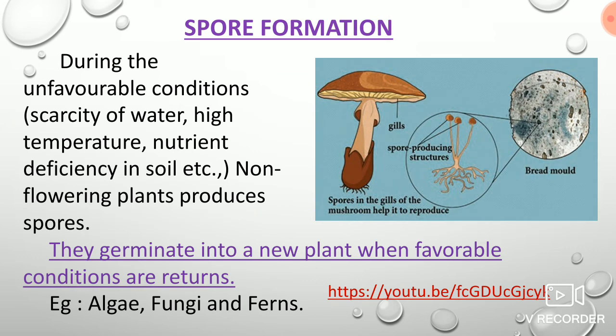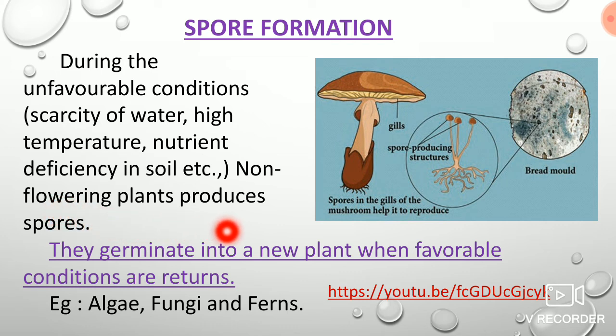And the last type of asexual reproduction is spore formation. How are spores formed? During unfavorable conditions such as scarcity of water, high temperature, nutrient deficiency in soil, etc., non-flowering plants produce spores.